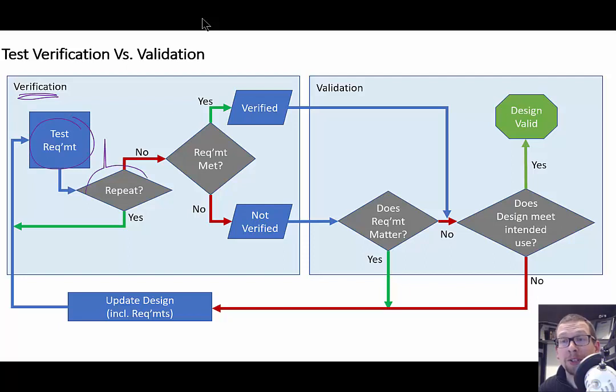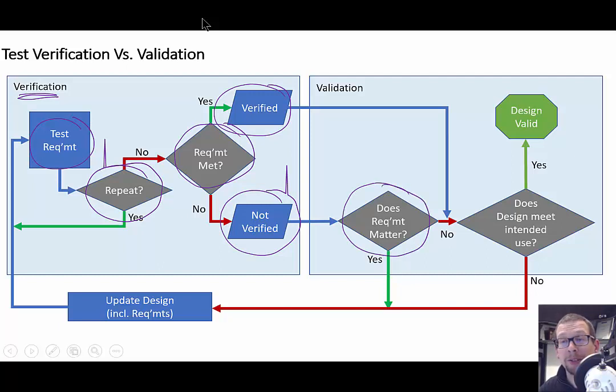In many cases, you should be repeating those tests over and over again to make sure that your test doesn't give you anomalous results, so that you can verify that you have met the requirements for your test. And if you have met the requirement, you have demonstrated that the requirement has been verified with respect to your system. If it turns out that you have not verified the requirement, then you should be asking yourself the question of whether or not that requirement matters.